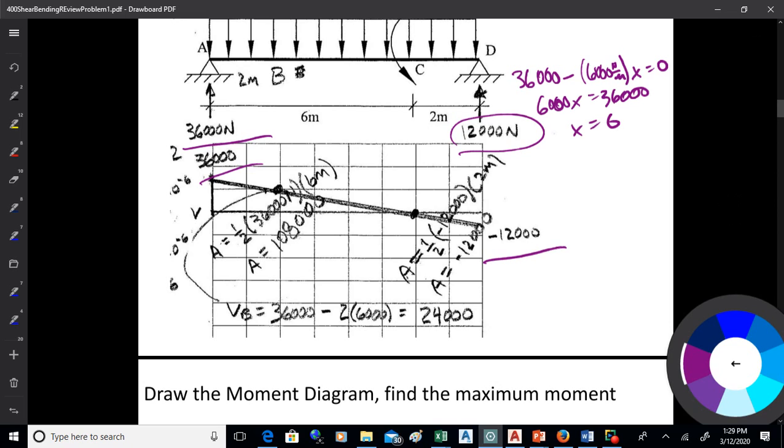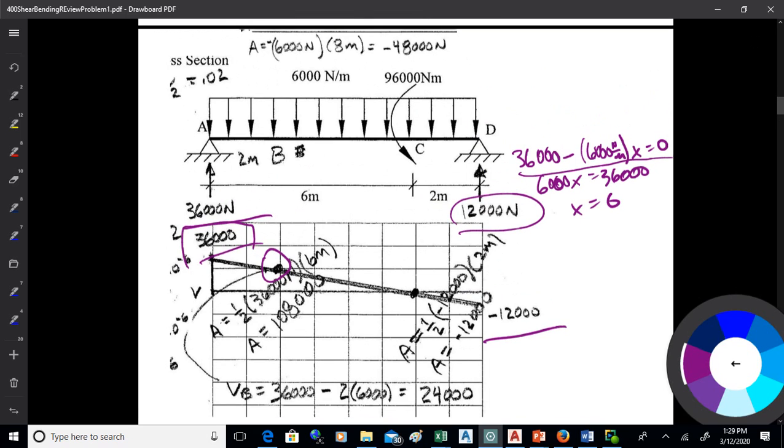Okay, and you're also going to want to know the value of shear right there, because one of the questions is to find the value of shear at point B. That's point B right there. It's quite similar in form to what we're doing here, because we know we're starting at 36,000, then dropping by that slope of 6,000.